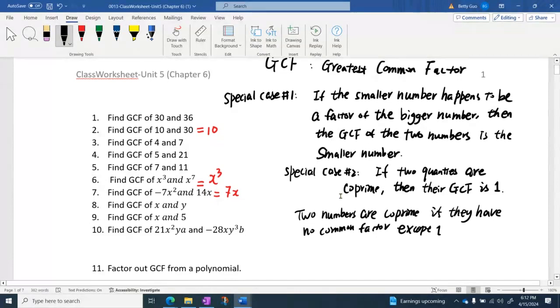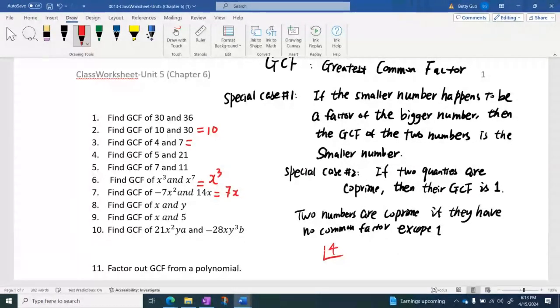Let's say number 3 here. Number 3, we have 4 and 7. How do we find the GCF for 4 and 7? How do we determine if two numbers are co-prime? We have learned a technique, if you remember. Big L technique, right? We can put a 4 on top of the big L and then analyze the number. 4 is 2 times 2.